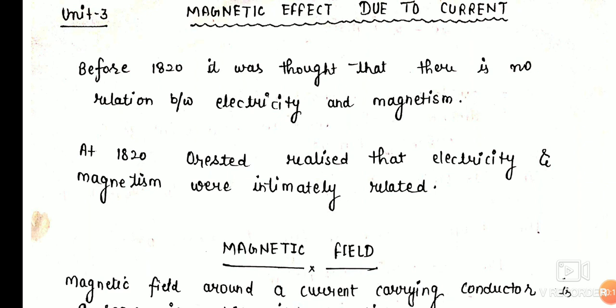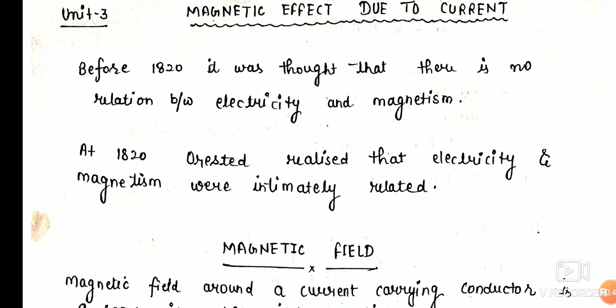Magnetic effect due to current. This is a very important unit because in this unit we study the relation between electricity and magnetism. Before 1820, it was thought that there is no relation between electricity and magnetism, but in 1820 a scientist, Oersted, realized that electricity and magnetism were intimately related.